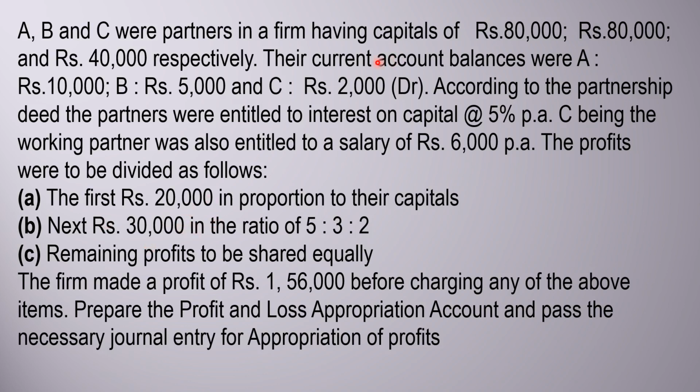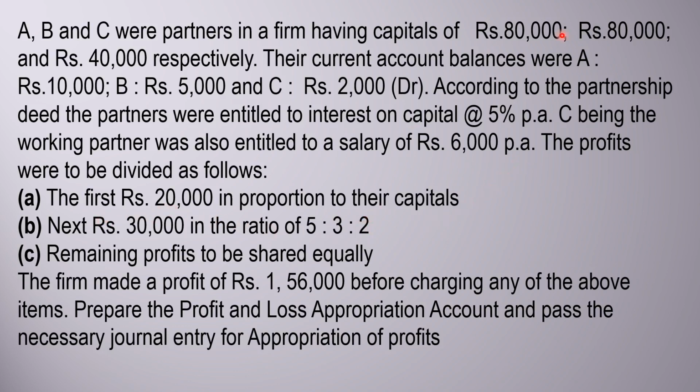After charging interest on capital and partner's salary, from the total profit of 1,56,000, that is the undistributed profit, that is net profit, first 10,000 interest on capital as well as 6,000 salary you have to deduct. So 10 plus 6, 16,000 you have to deduct. The remaining profit will be distributed.